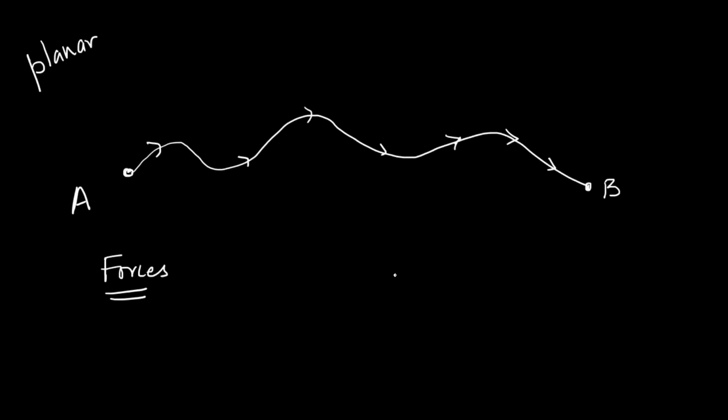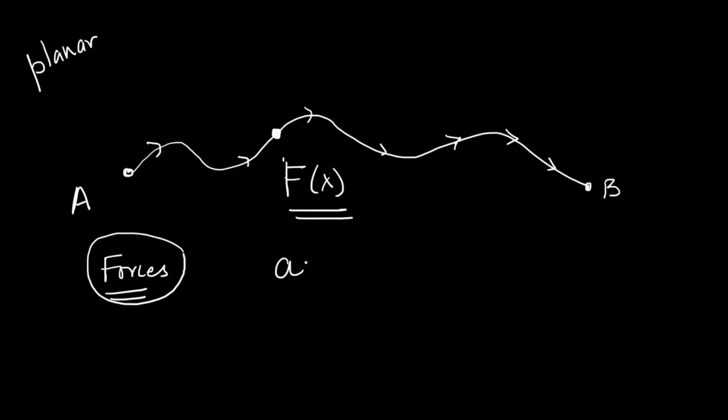But now, what is the force as it moves along A to B? I'm unable to tell you, because if you want me to tell you what is the force here, I need to know its position. So I've given you examples where the force completely depends upon position. But a priori, I do not know the position.